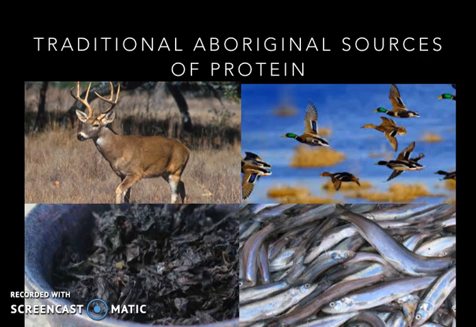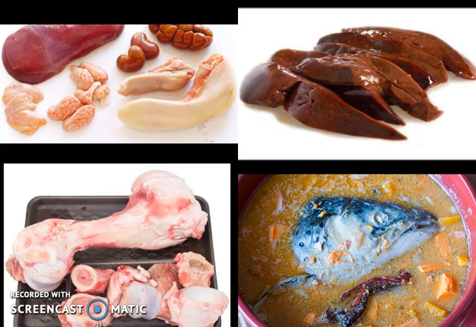The ancestors would hunt for these sources of protein, which would increase activity level. So let's talk about how this bird was shot, and how that bird might be eaten today, and how it was hunted today compared to back then.